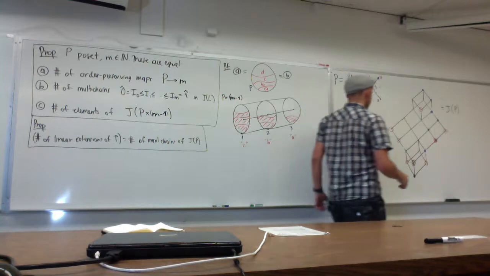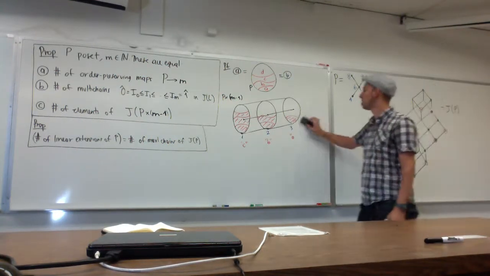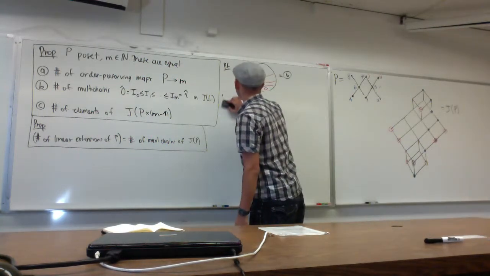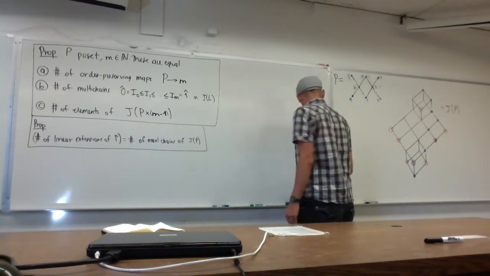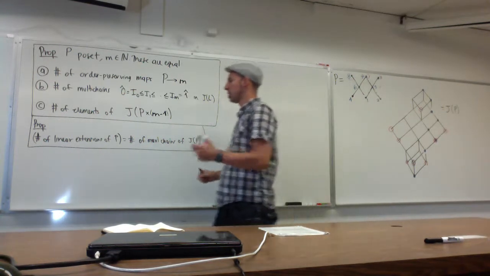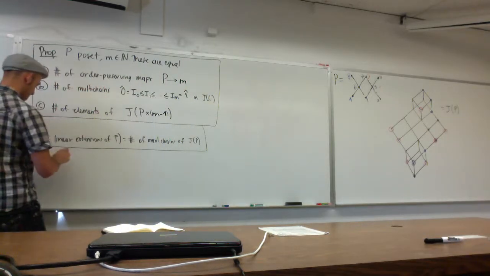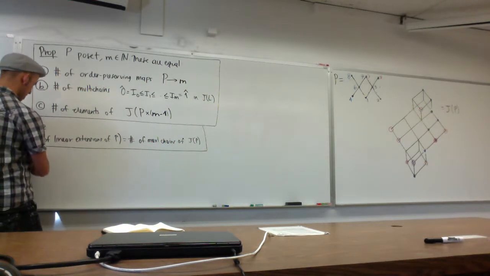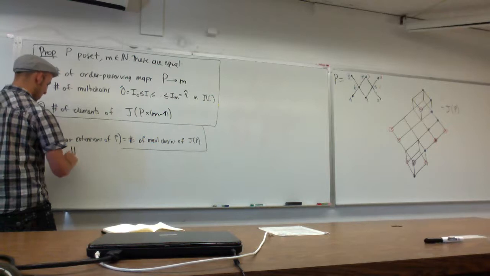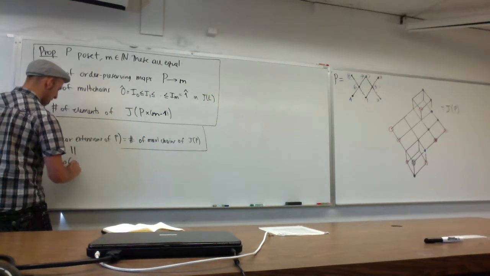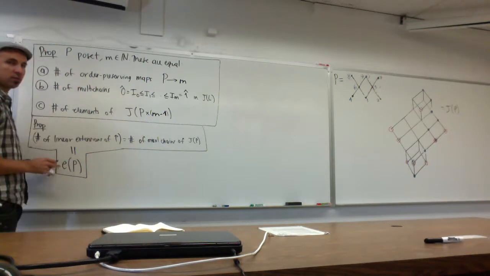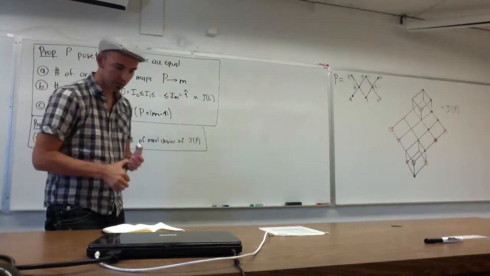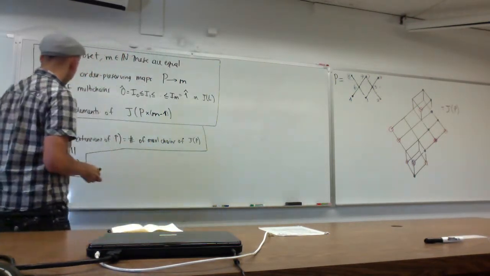Okay. All right. So having done that, I want to talk about this number. So this is going to be denoted by E of P. The definition: E of P is the number of linear extensions. Okay?